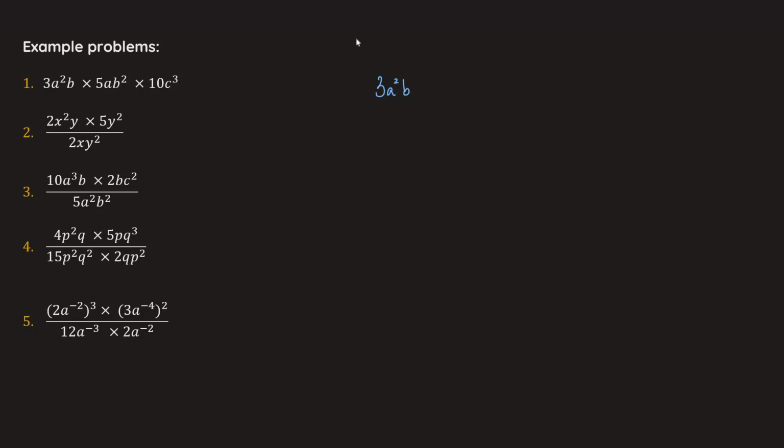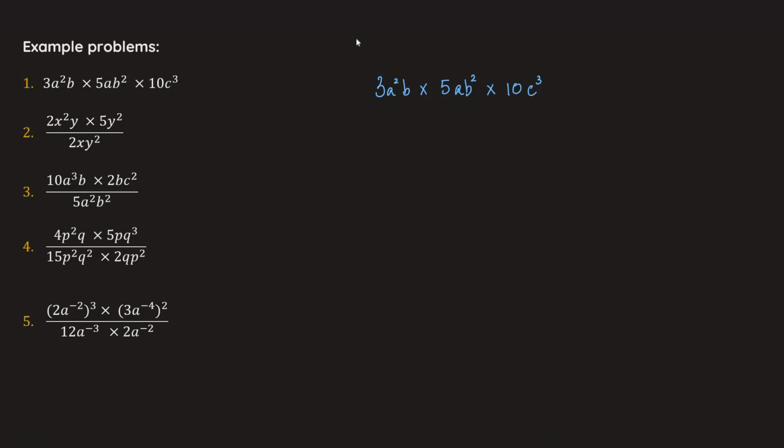3a squared b times 5ab squared times 10c cubed. As we've already seen a couple of videos back, when we are multiplying two algebraic terms, we multiply the coefficient with the coefficient and the variables with the variable. To make it clearer, I'm going to break these algebraic terms into their constituents.